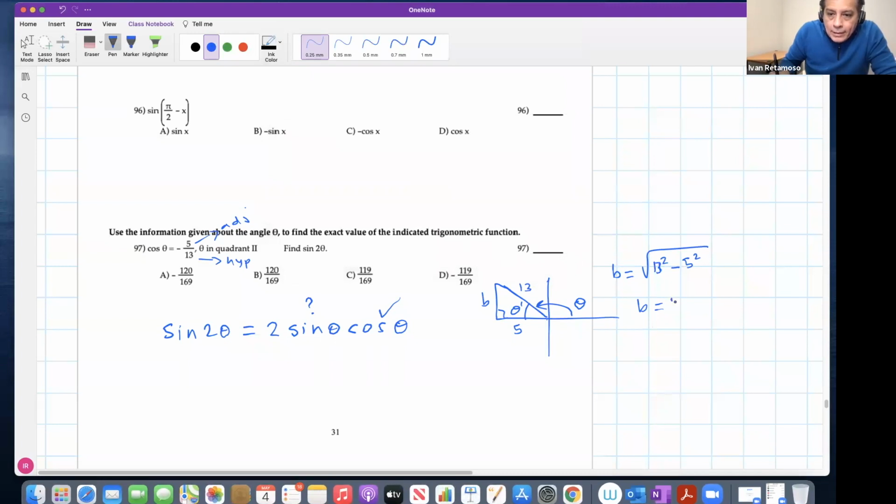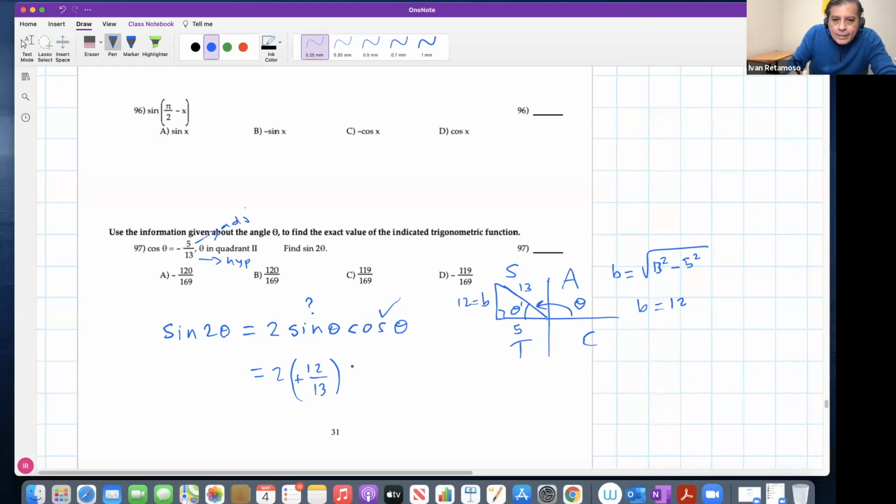So B is 12. So right away substitute here 12, and then you can find cosine and sine there, right? What would be sine of theta? Opposite 12 over hypotenuse 13. We are on the second quadrant. According to all students take calculus, sine is positive, so this is positive.